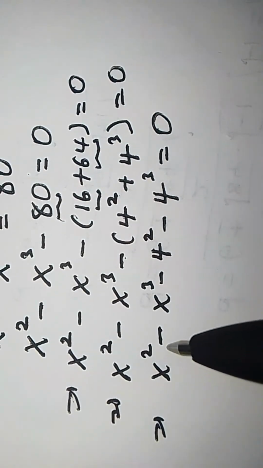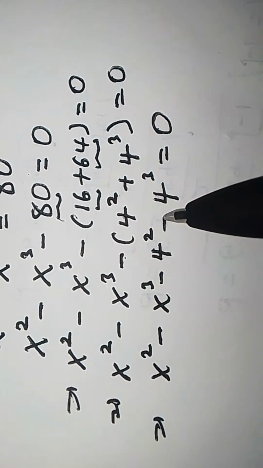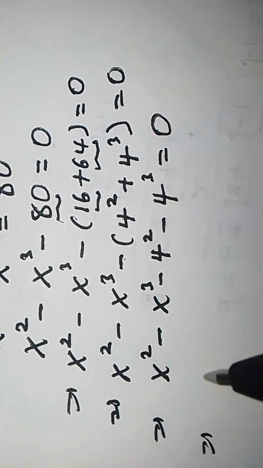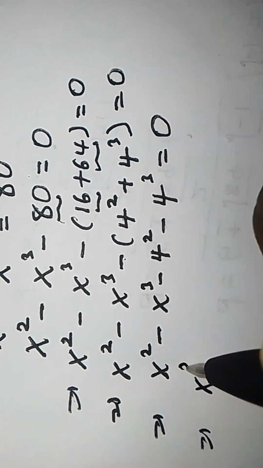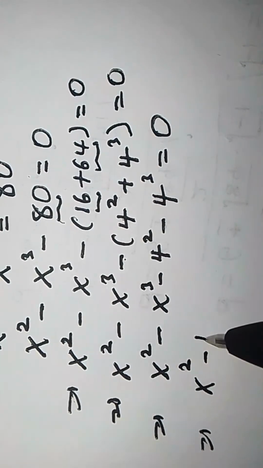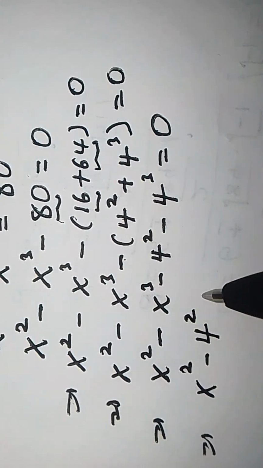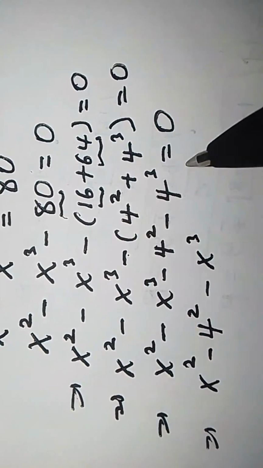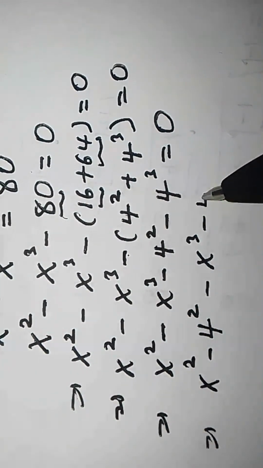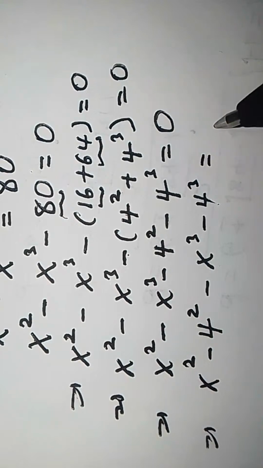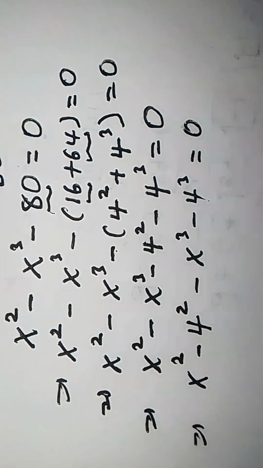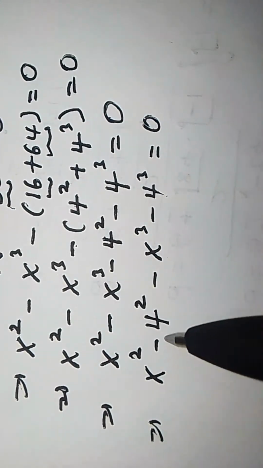Now, let us rearrange this equation. This means that x to the power of 2 minus 4 to the power of 2 minus x to the power of 3 minus 4 to the power of 3 equal to 0. I can put these two in brackets.